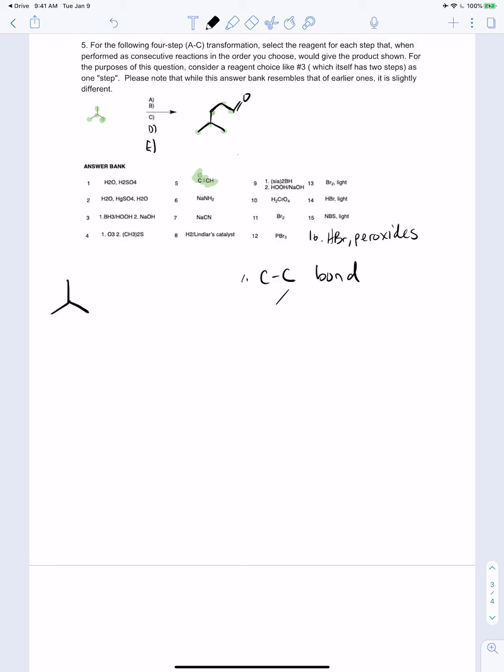For a carbon-carbon bond, we know that comes from the acetylide anion, which remember is just this deprotonated alkyne. And it comes from an alkyl halide, or haloalkene, or whatever you want to call it, but it comes from a primary alkyl halide, and that's going to be something that looks like this.